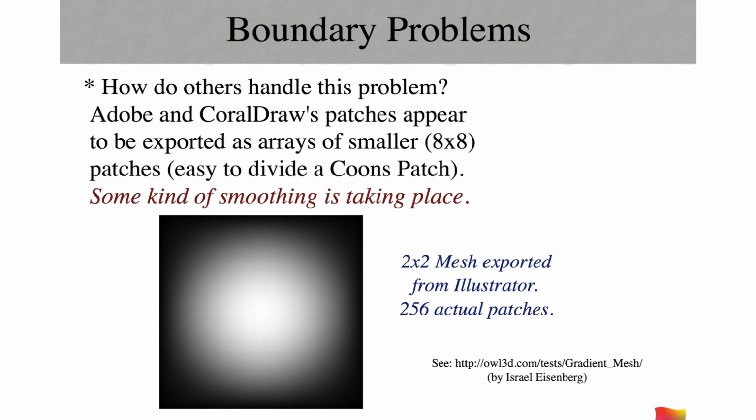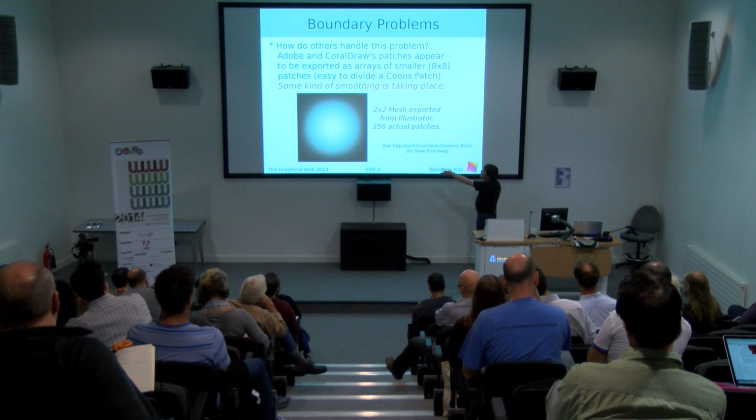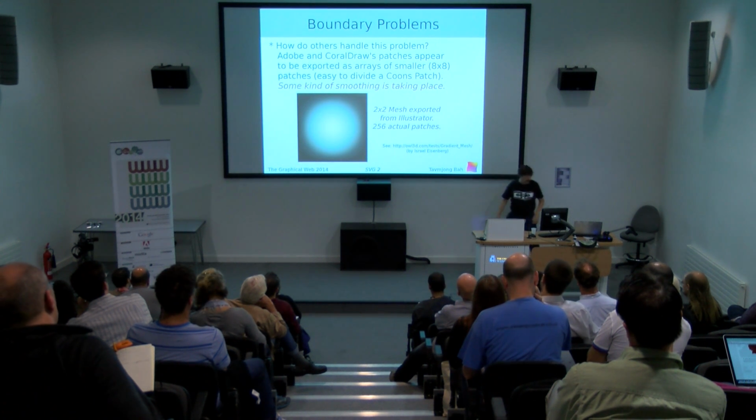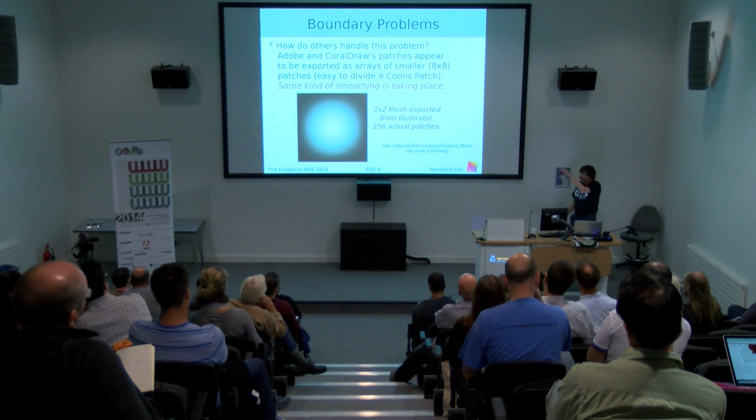Now others like Adobe and CorelDRAW handle this by presenting what looks to the person using the tool a 2x2 mesh patch. But in actuality, when it's drawn, there are 256 patches in there. So they're not using a linear interpolation between the colors.